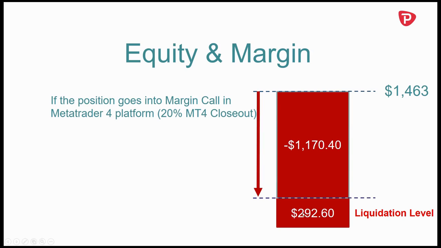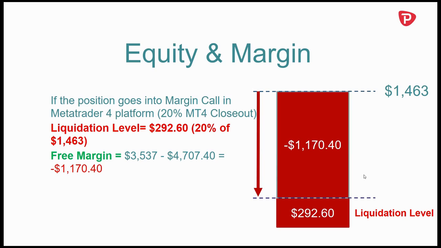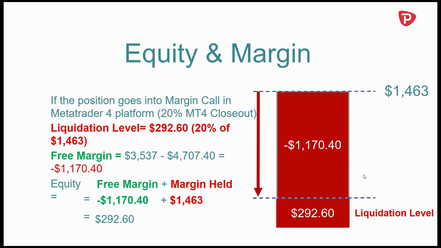You can also see that the $292.60 represents 20% of the $1,463. It's important to note this liquidation level will trigger a sale at the next available price. So we may not always see $292.60 if the market is moving quickly. You can also see the calculations on the left-hand side to how this is worked out.